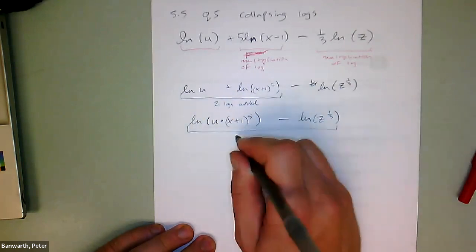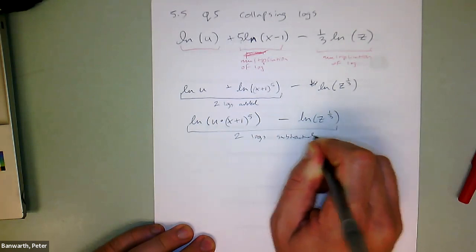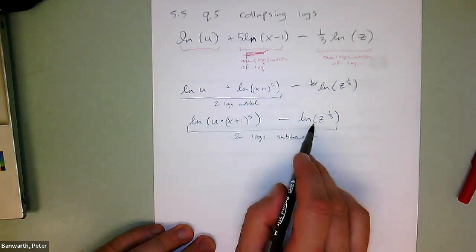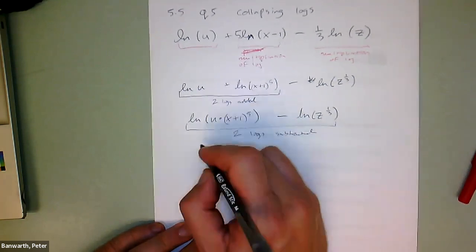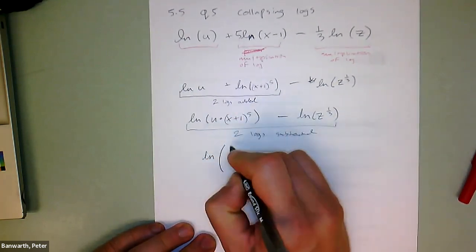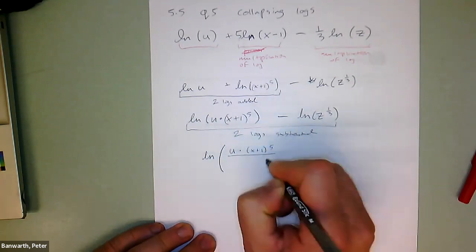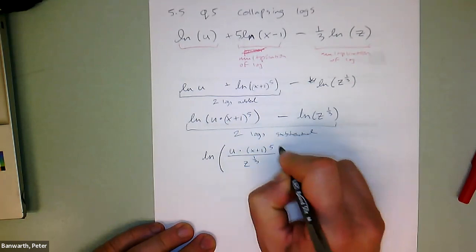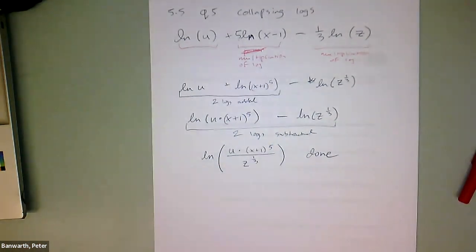Now I have 2 logs subtracted. So when I have logs subtracted, I can go into the exponential world where now I go from subtraction to division. So I have the log of u times x plus 1 to the 5th all over z to the 1/3, and I'm done. Now it's a single log with all the terms inside of it.